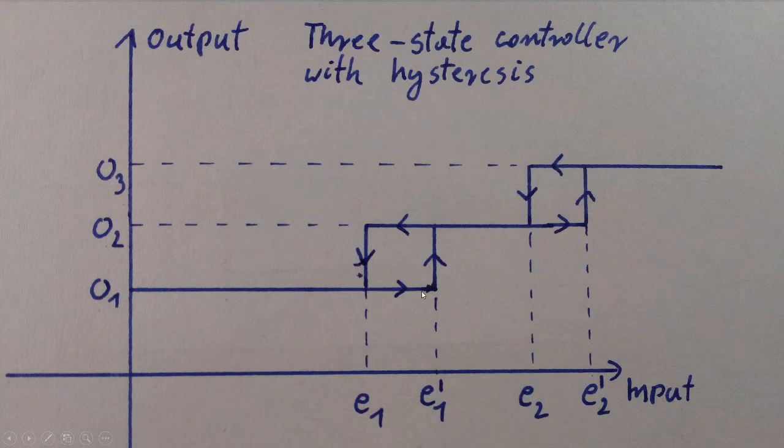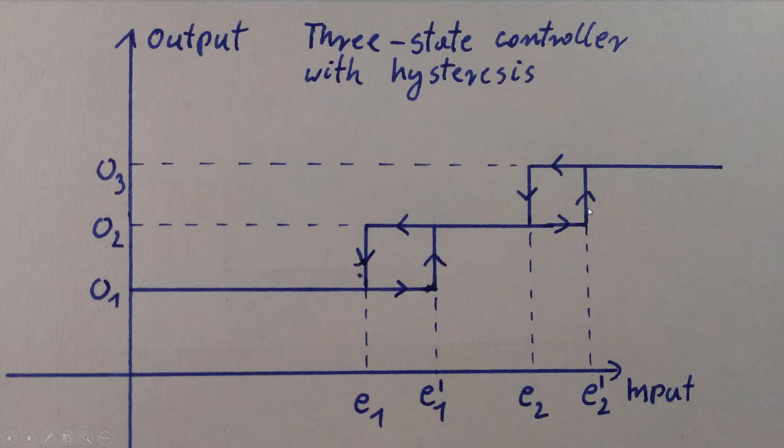It goes with this flow until it reaches E1 prime. Then it switches to the O2 state. If it grows further, again it goes with this flow.